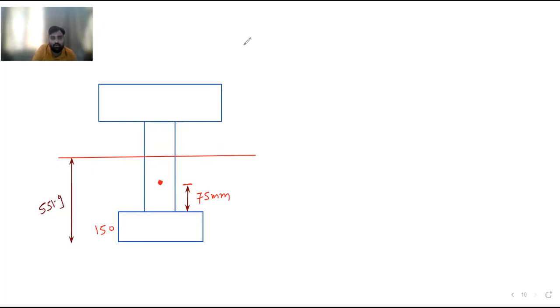Which distance do you need to calculate? So eccentricity is this much distance. This is the eccentricity from the centroidal axis. So this you need to calculate. This is your e. This distance is 150, 150.